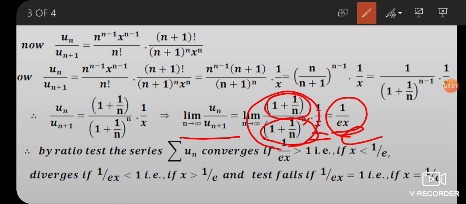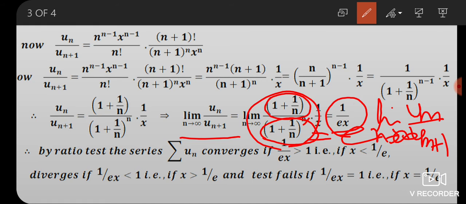By D'Alembert's test, such that limit n goes to infinity un upon un plus 1 equals L, L greater than 1 is convergent and L less than 1 is divergent.